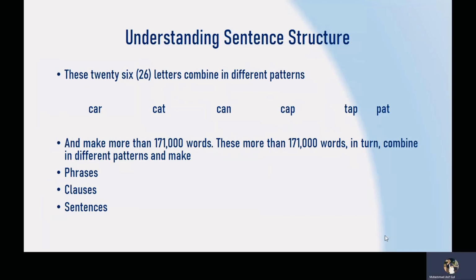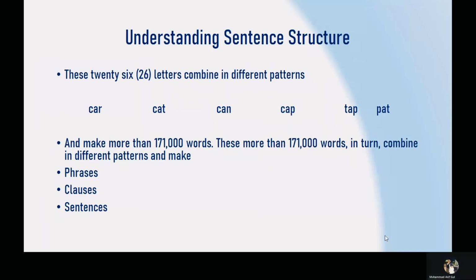These letters combine in different patterns, and these 26 letters, by combining in different patterns, make more than 171,000 words. And then these more than 171,000 words in turn combine in different patterns and make phrases, clauses, and sentences.